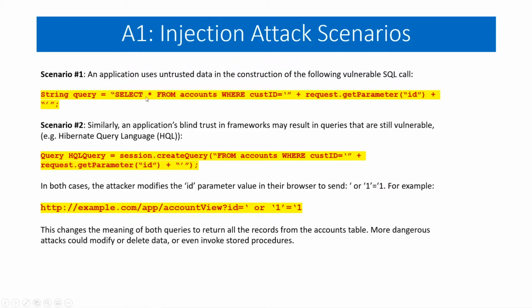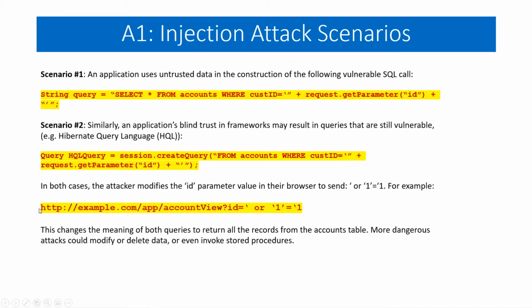This entire line is within these double quotes. So after this single quote, we add a parameter, which is going to be the user input. So that might be like a username or password. And then you can see we add a final single quote to that.